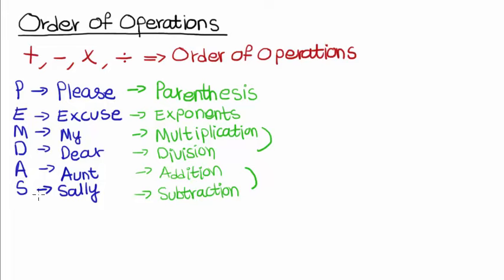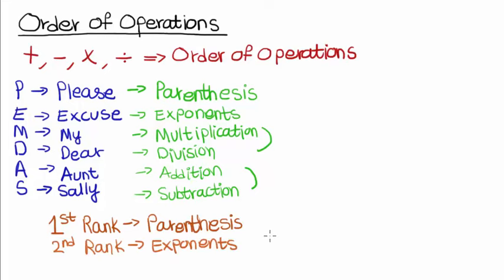In the first rank, you always evaluate the parentheses no matter where they are in the numerical expression. In the second rank, you always evaluate the exponents before moving on to any other operation symbols. In the third rank, you don't always evaluate multiplication before division. You evaluate multiplication or division, depending on what comes first when you evaluate your numerical expression from left to right.